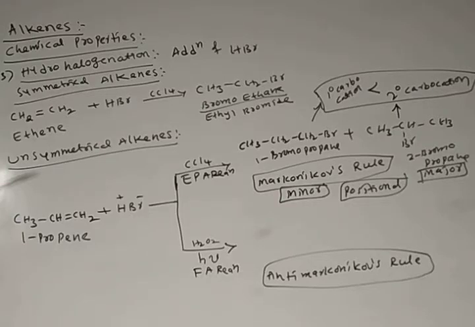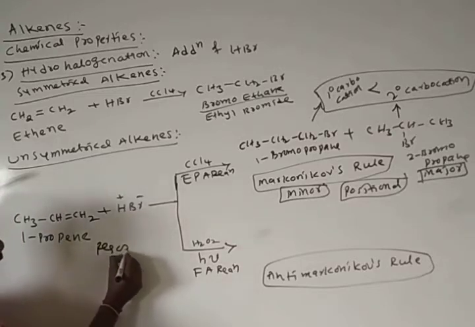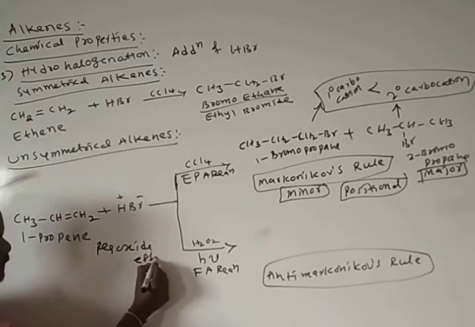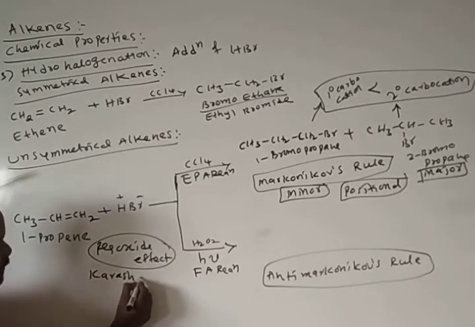This type of reaction is observed in the presence of hydrogen peroxide and sunlight, that is, in the presence of peroxide. That's why it is called the peroxide effect. This mechanism was completely explained by Kharasch, so it is also called the Kharasch effect.